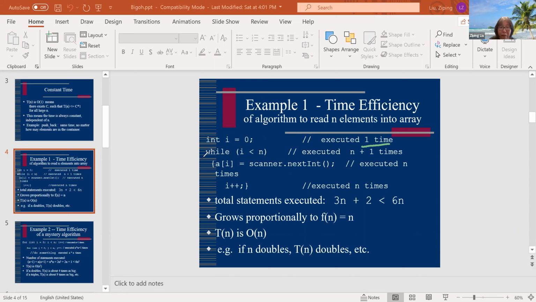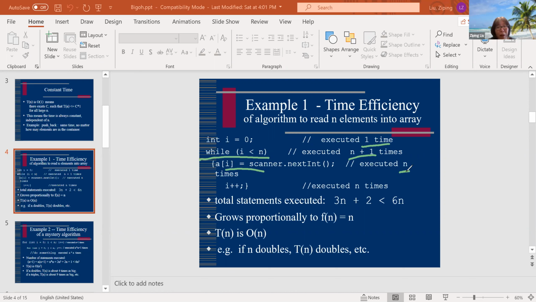And then for this while loop statement itself, how many times? When I starts at 0 all the way to n, it's going to be n plus 1 times. And then this assignment statement, how many times is it going to be executed? n times, because when i is n, it's not going to go inside the loop.